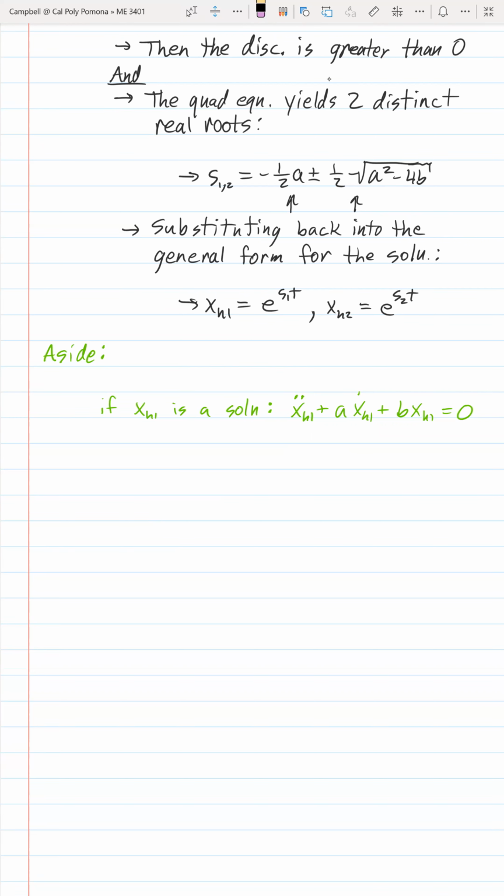Now we can say the same thing about XH2. If that is a solution, then we get XH2 double dot plus A XH2 dot plus B XH2. And obviously, if that's a solution, that has to be equal to 0 as well.